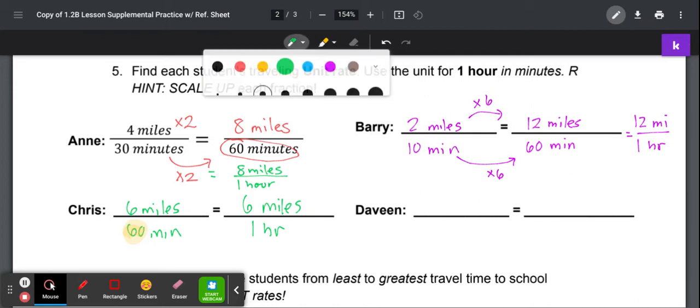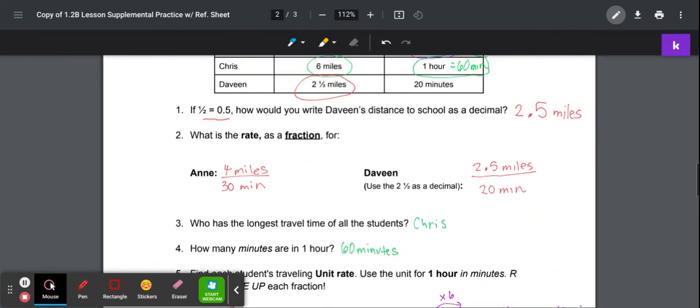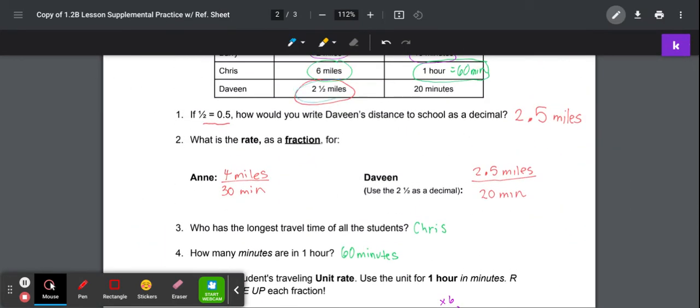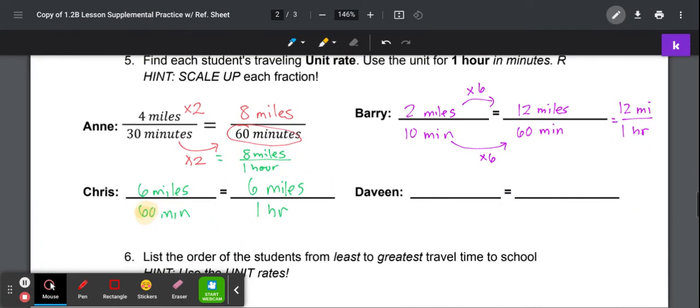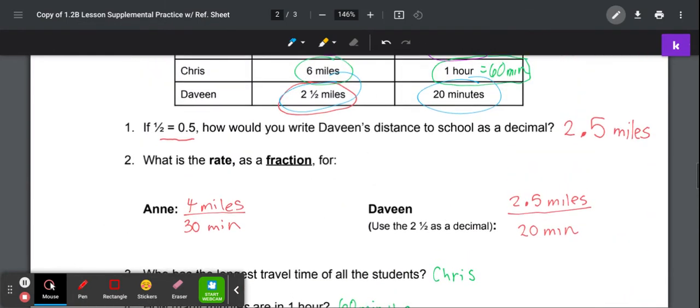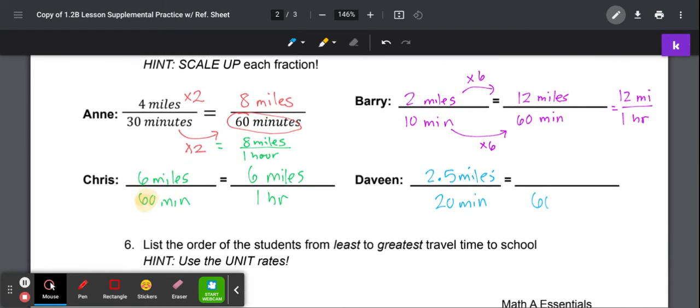And then for Davine, it's 2.5 miles in 20 minutes. You just double check. So we want to know how many miles in 60 minutes.